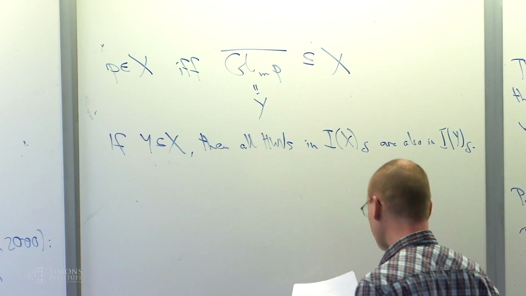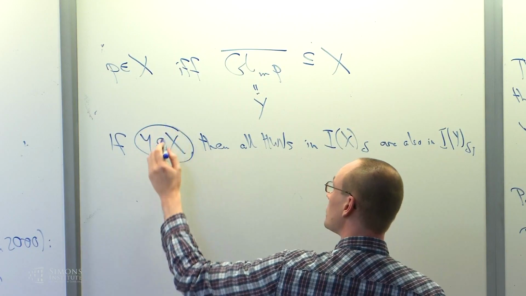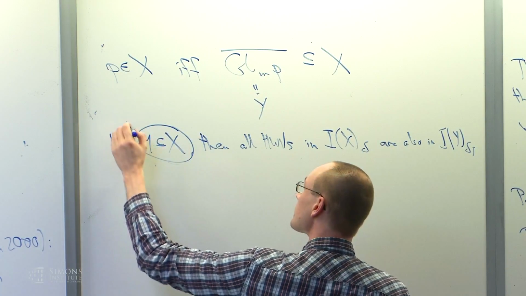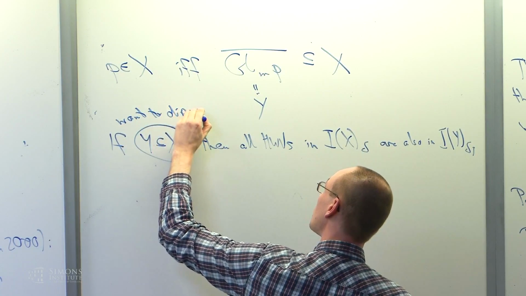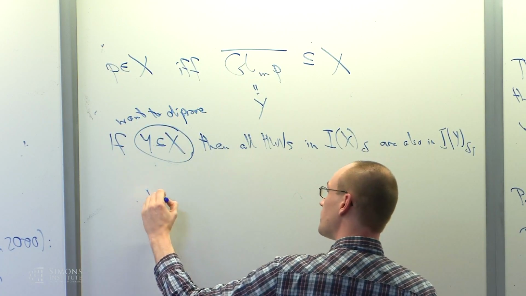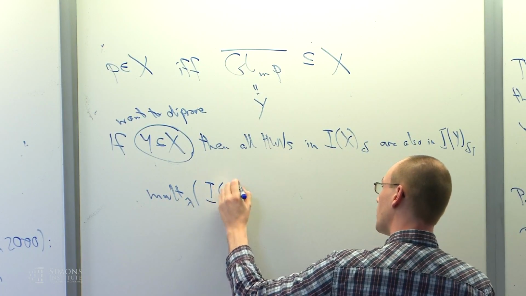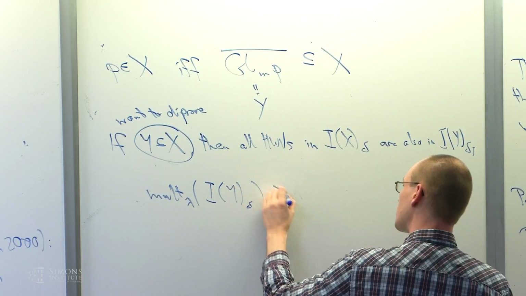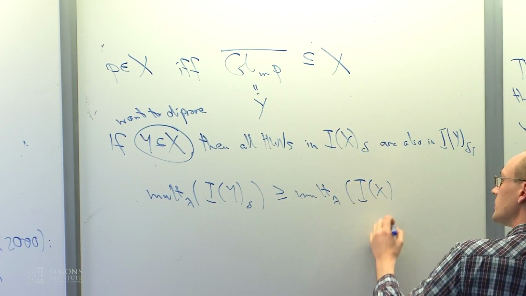So if you want to disprove this fact, what you get is that the multiplicity in the vanishing ideal of y, of type delta, is greater or equal to the multiplicity in the vanishing ideal of x. This is what you would get.